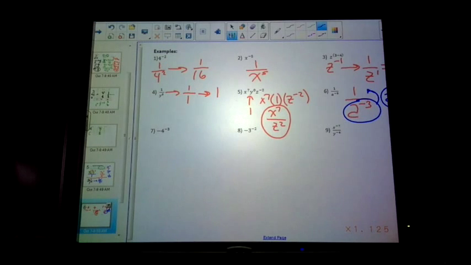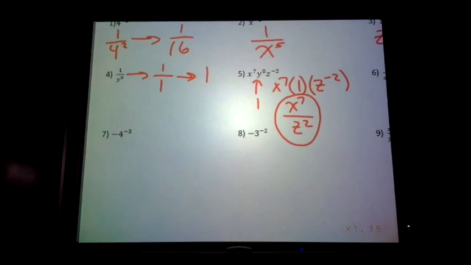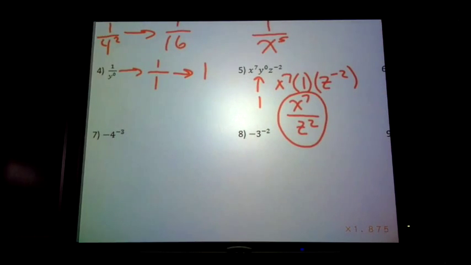All right. Crystal. Ready? This is a trick one. Do you feel that the negative sitting out in front of the whole problem is going to change the problem? No. But it does have a negative exponent. So what do you know about the negative exponent? Are we looking at 7? Yes. It's 3, I think.